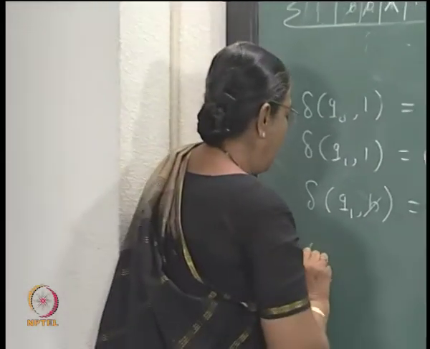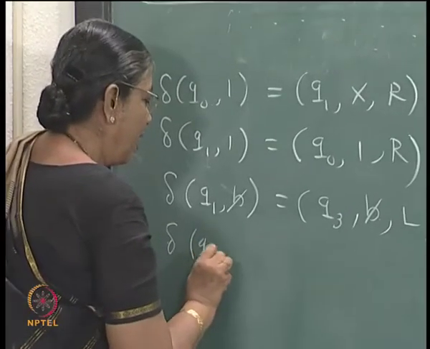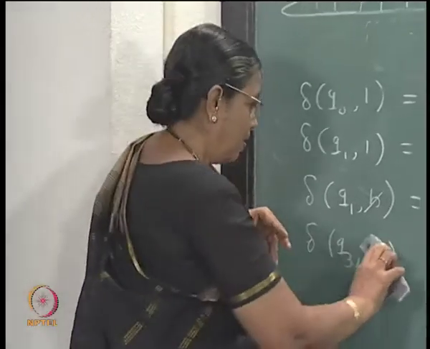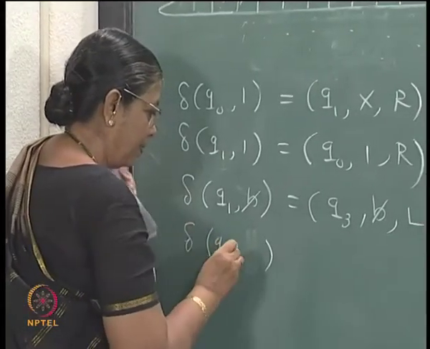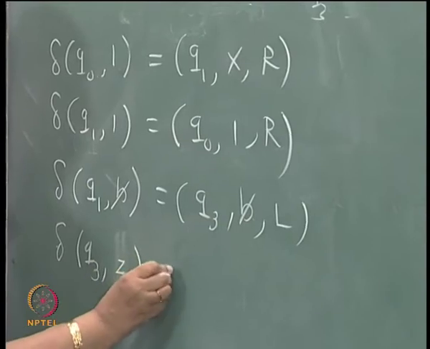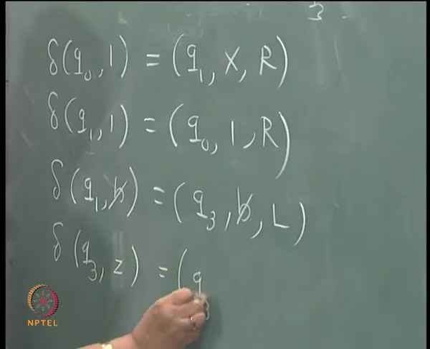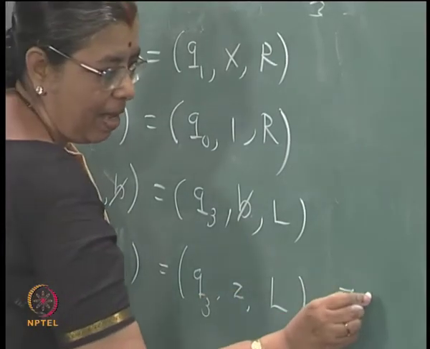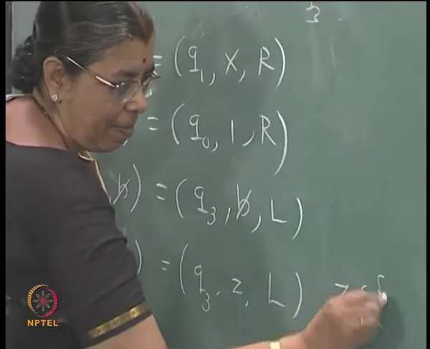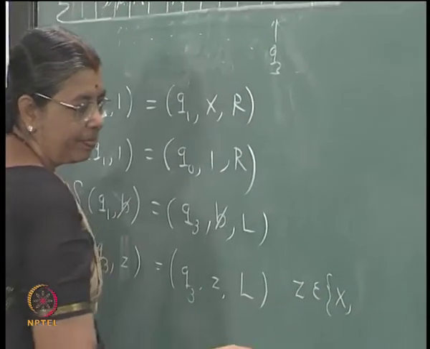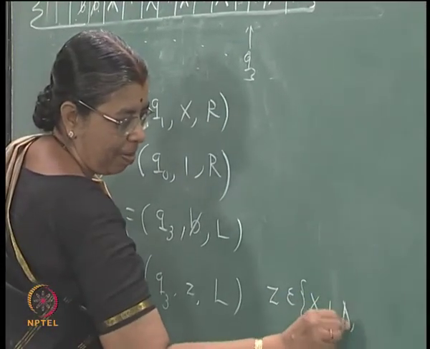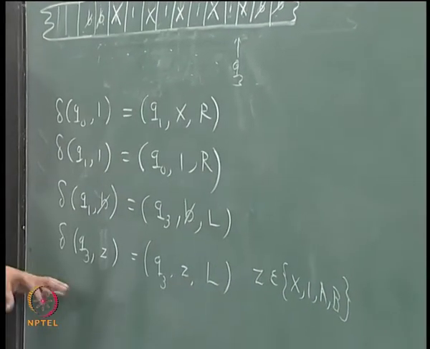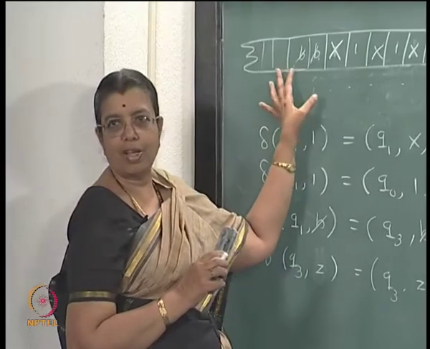So, delta of Q3, here it can be anything except blank. So, I will put it as some z, equal to Q3 z L. Now, z can be x, it can be 1, it can be A, it can be B, anything except blank, because after some time you will also have A's and B's here.